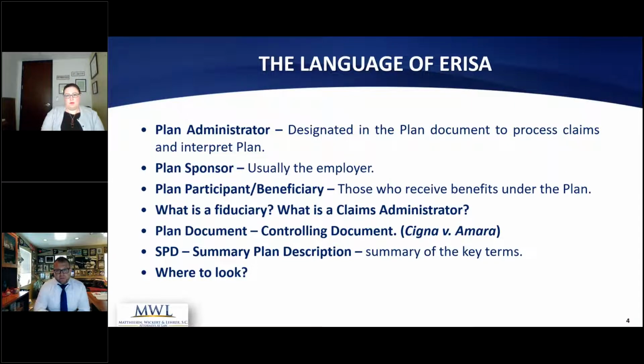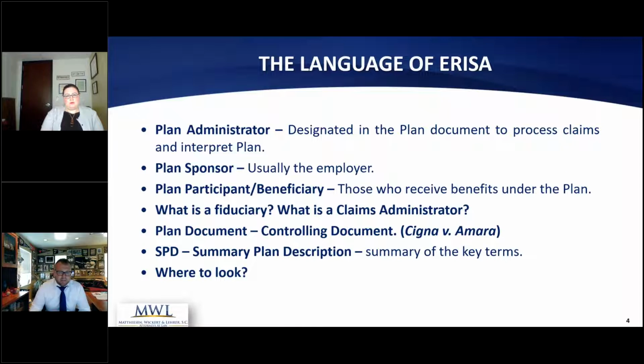A couple important terms here are the plan document and the SPD. The plan document is the controlling document. So generally the plan document is going to be this comprehensive written plan document describing the operation, the maintenance, and administration of the employer's plan.